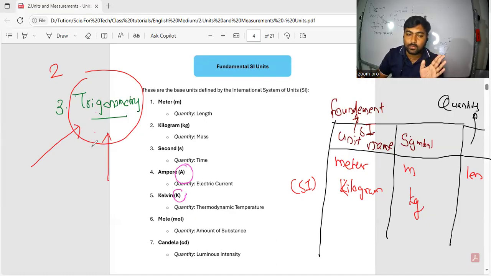Don't worry. Your previous batch, the 2026 batch, will have their first term test examination at the end of this month. You have come with 2026 and 2027, so that's a small gap.